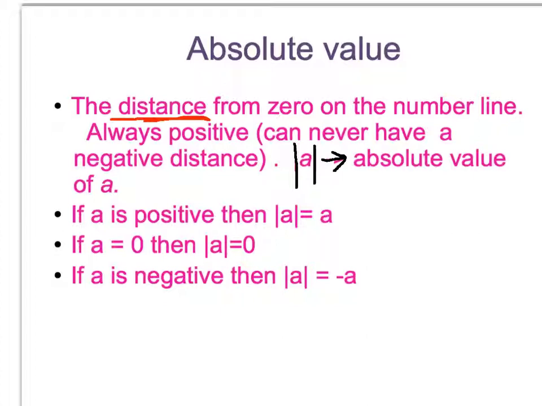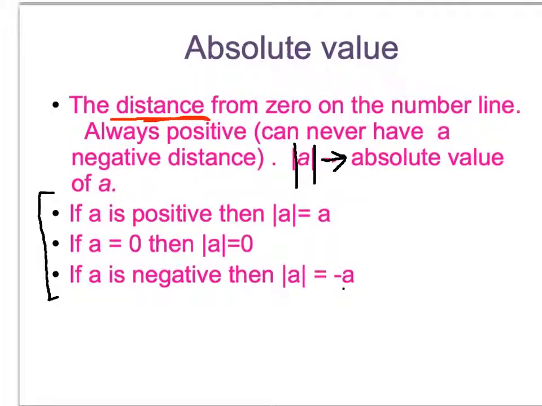So a couple rules. If my number is positive, then the absolute value of A is just A. If A equals 0, then the absolute value of 0, or the absolute value of A, is 0. And if A is negative, then the absolute value of A is the opposite of A. So let's take a look at this.